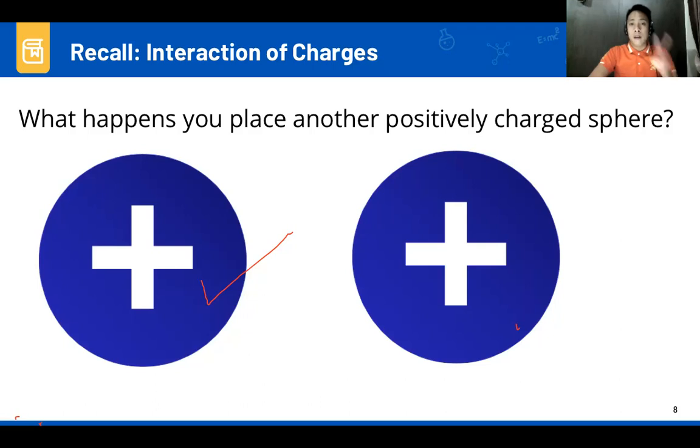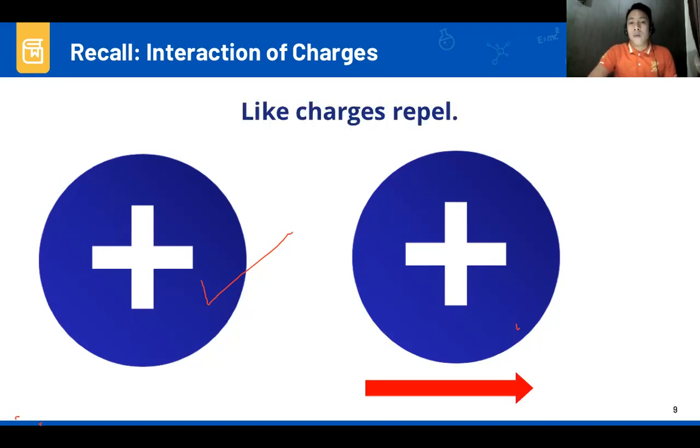So if we have the same charges, will they attract or repel? Of course, they will repel. Like charges repel. Maghihiwalay sila. Hindi sila pwedeng magka-dikit. Okay? So, just like you and your crush. I'm just kidding. Okay, they will repel. The same, repel.